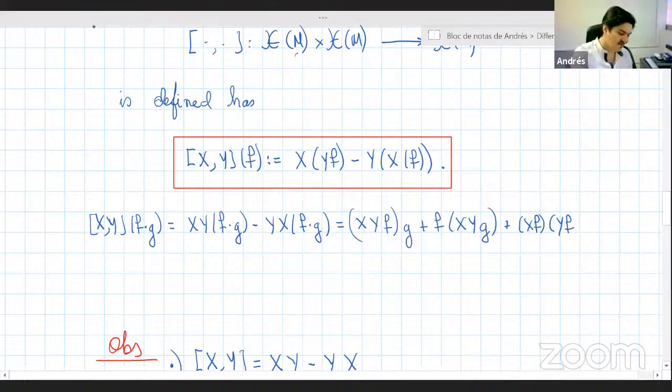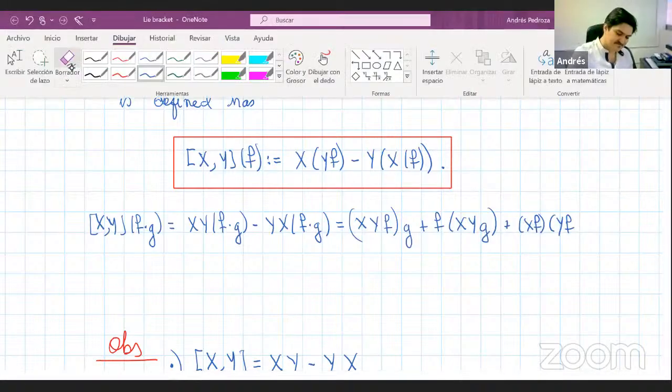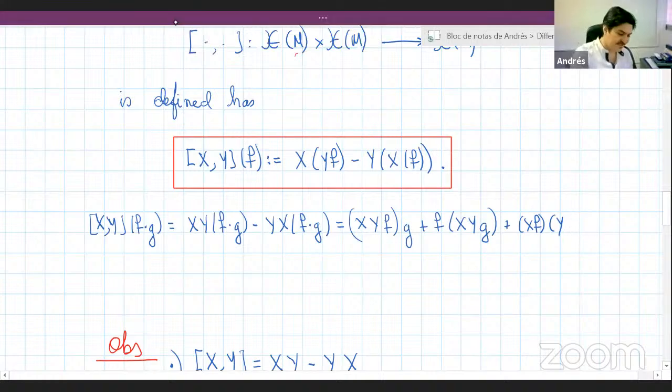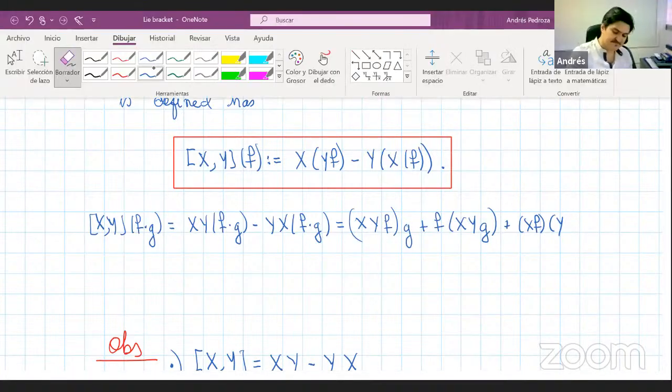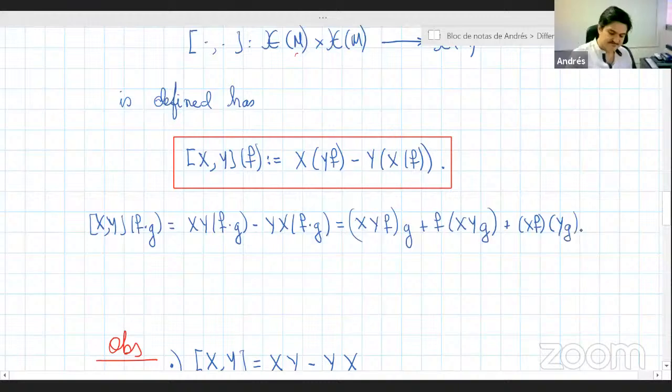Oops, this is wrong. It's g. Plus X g, Y f. Okay? I just wrote down the first part.